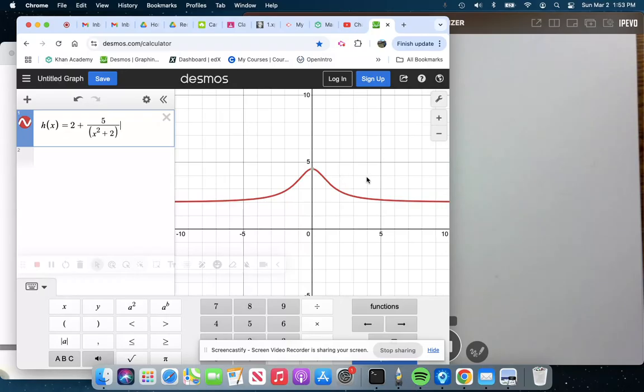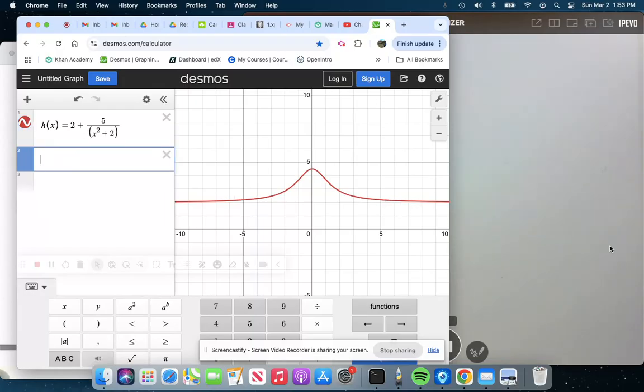So this makes sense. Let's see what happens if I go way out. What's it going to go towards? It looks like 2, right? When I say go towards, I mean, what is this graph approaching? What is the horizontal asymptote? It appears to be 2.